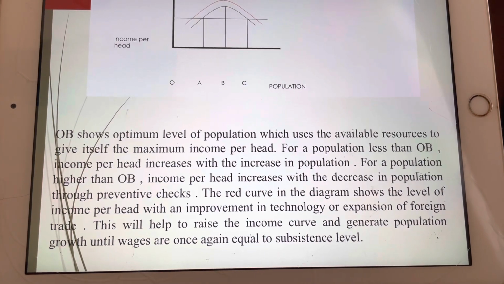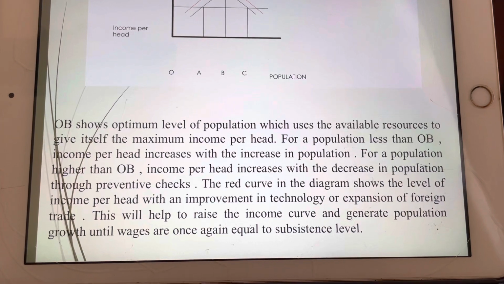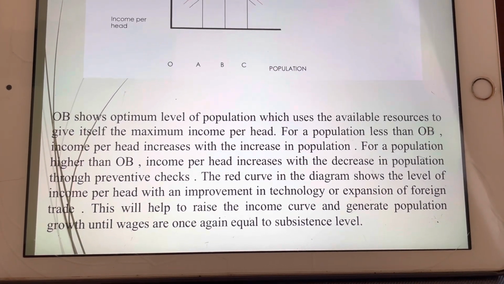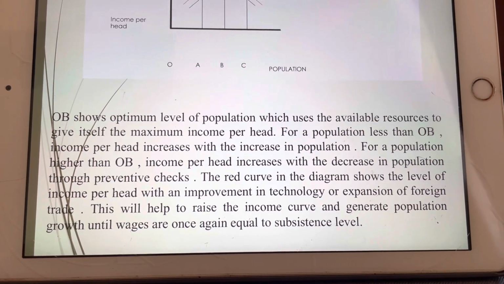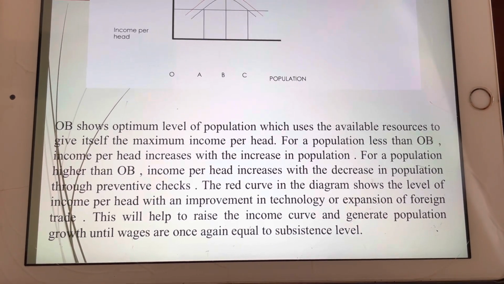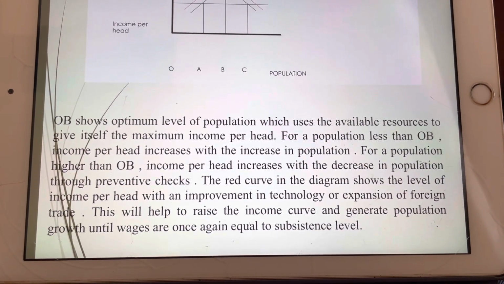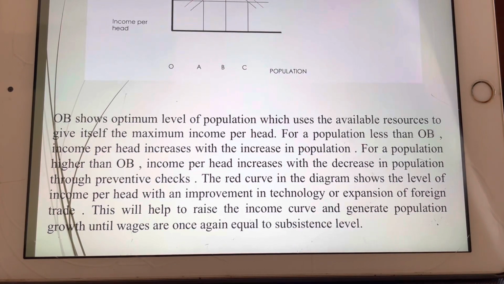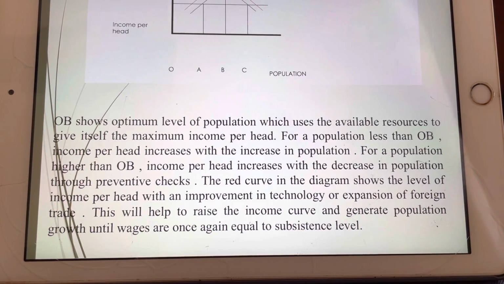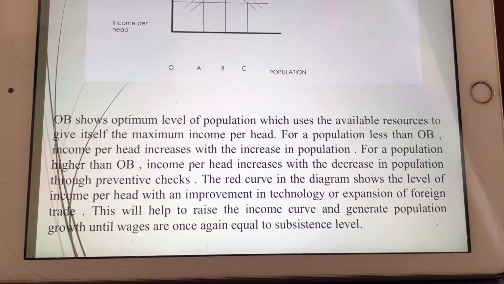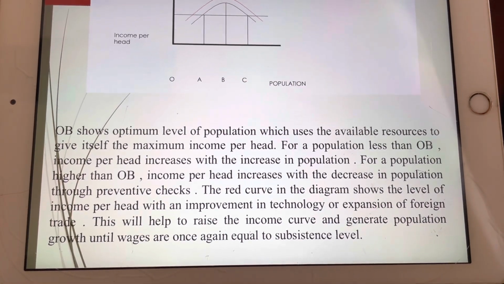As technology improves, the efficiency in that sector increases, or if there is an expansion of foreign trade, the income per head will also increase, because it gives more opportunities to the people by increasing efficiency.